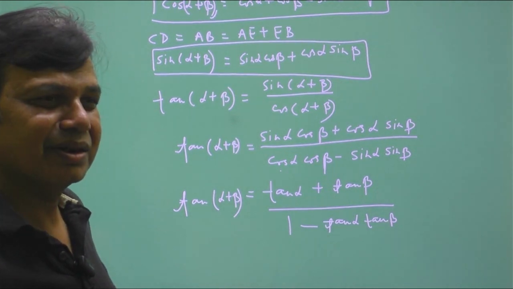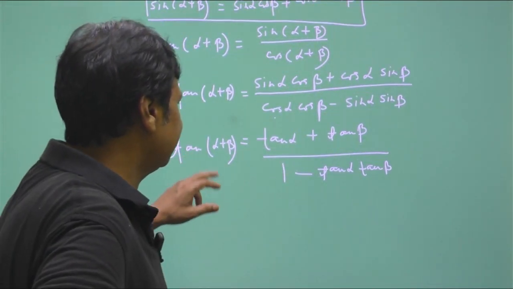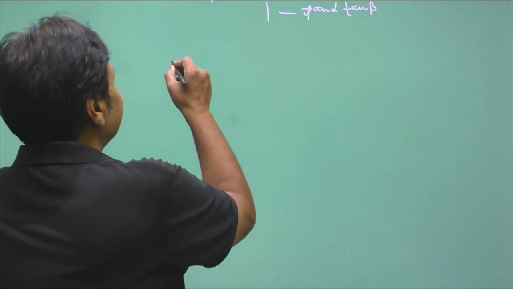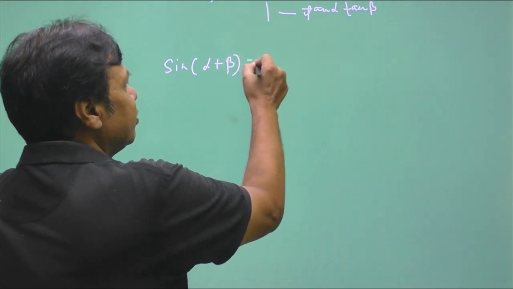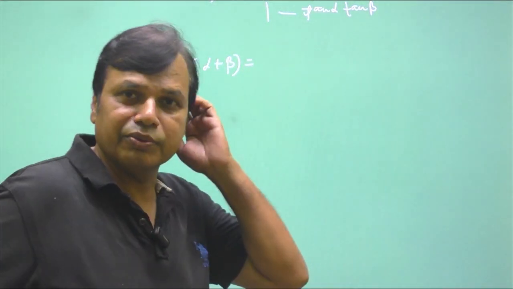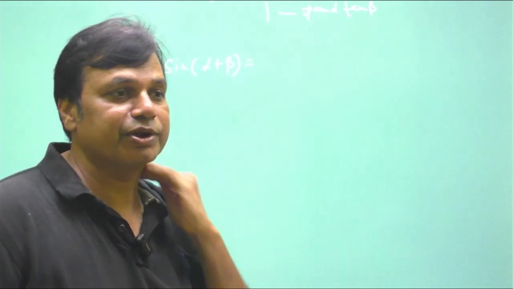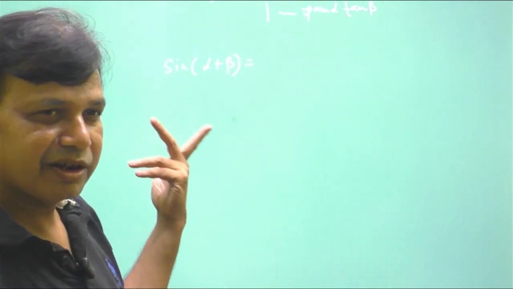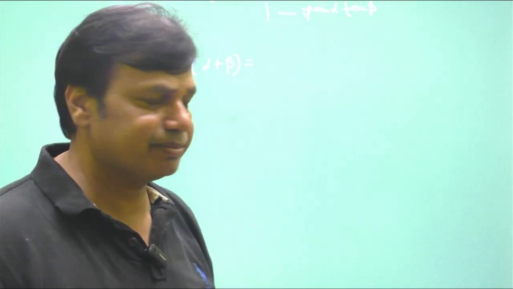And you can do much more. Like if you want, you can use sin alpha plus beta to find the values of sin 90, cos alpha plus beta to find the values of cos 90, tan 90, and you can find the rest of them.